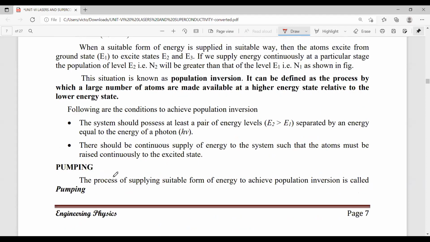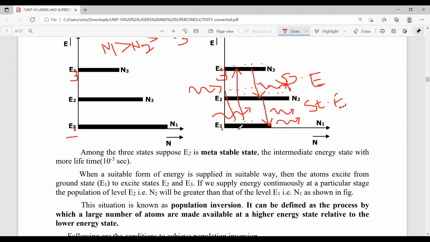So what is pumping? This process, whatever it may be, the stimulated emission process, takes place only by giving some external energy. Once again, I repeat. This is the first figure. That means initially the atoms in the energy levels are like that: the lower energy level having more atoms, and then the second energy level, the third energy level.